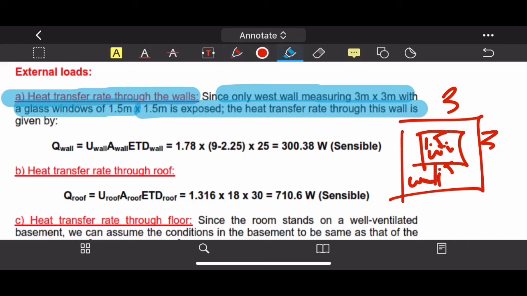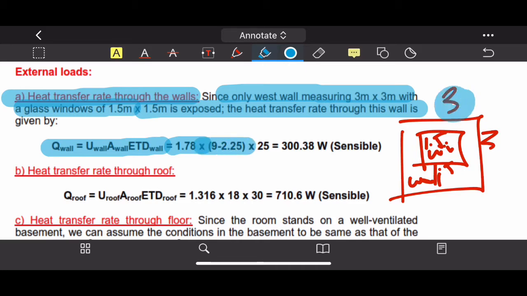Okay. Q wall equals U times A times ETD. So this is a Q without using any m Cp delta T or enthalpy, but the effective temperature difference of that component. Right, U wall is given as 1.78. If it's not given, a table will be given to you and you can choose these numbers from that table. Okay, A is 9 minus 2.25.